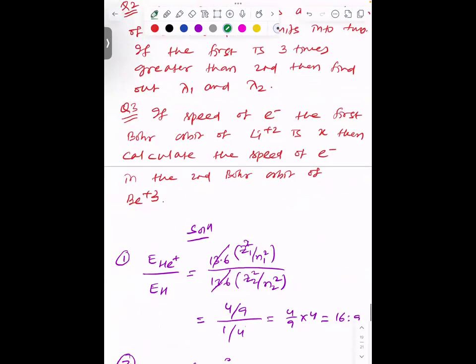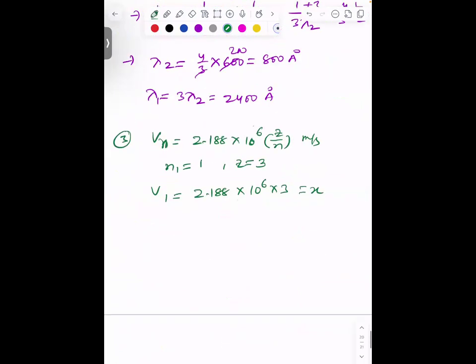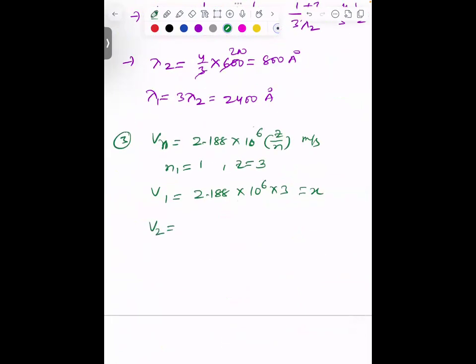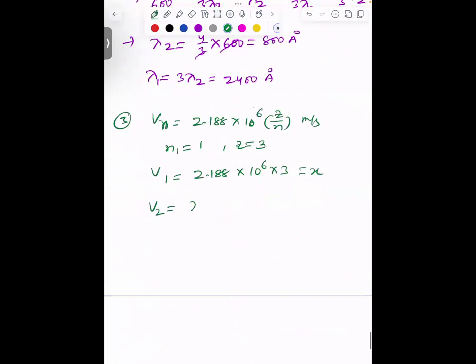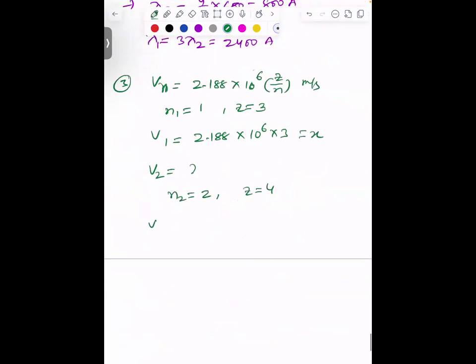Then calculate the speed of electron in the second Bohr orbit of beryllium 3 plus. So second Bohr orbit means n equal to 2 and Z equal to 4. Now V2 equal to 2.188 into 10 to the power 6 into 4 by 2, that is 2.188 into 10 to the 6 into 2.